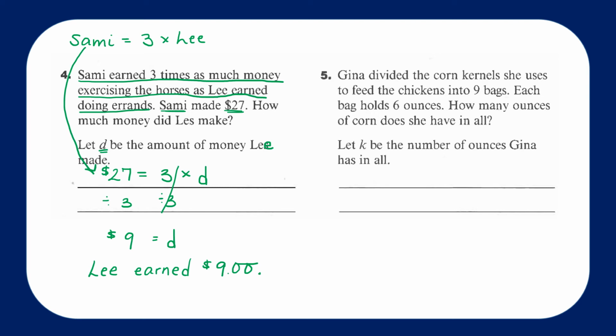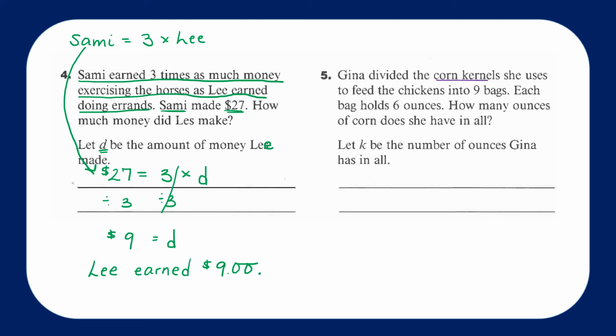Question number 5. Gina divided the corn kernels she uses to feed the chickens into 9 bags. Each bag holds 6 ounces. How many ounces of corn does she have in all? Let K be the number of ounces Gina has in all. All right, so Gina has corn kernels.